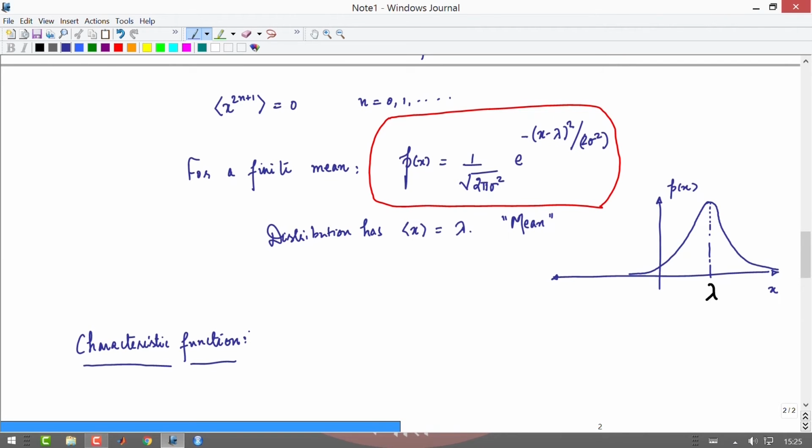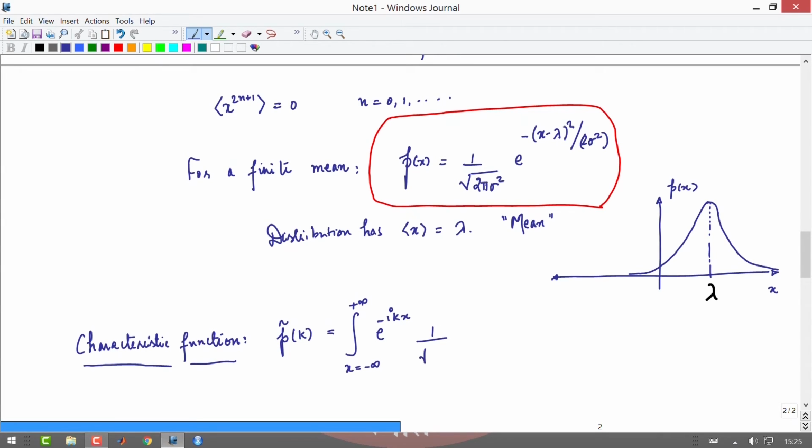So, let us do the standard mathematics here. So, the characteristic function, which is the generator of moments, is basically the Fourier transform of the PDF, and the PDF here is the Gaussian distribution. So, let me just write it in one step. This is the Fourier transform of the Gaussian distribution.